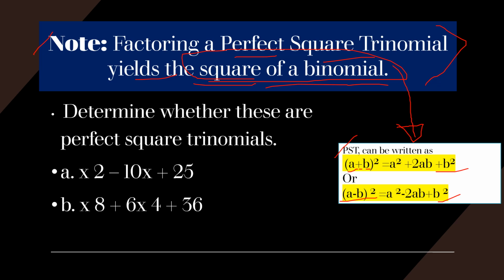So let me explain this formula. In the first formula, (a + b) squared means that we're squaring a binomial, that is a plus b.